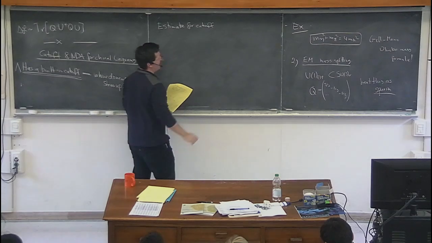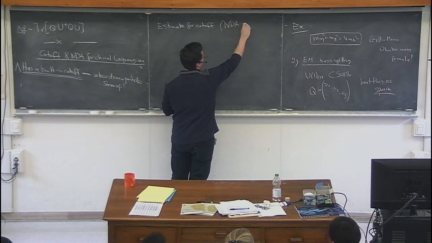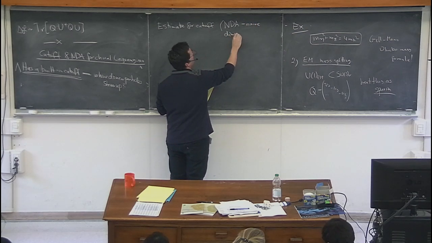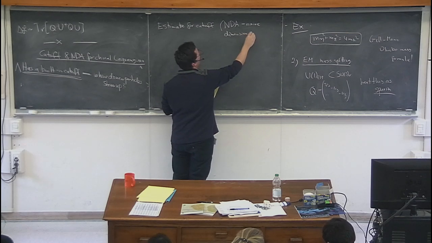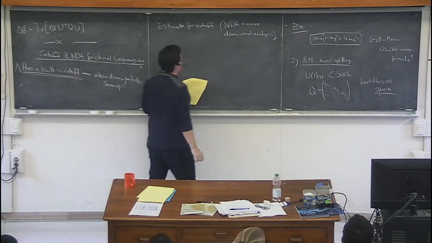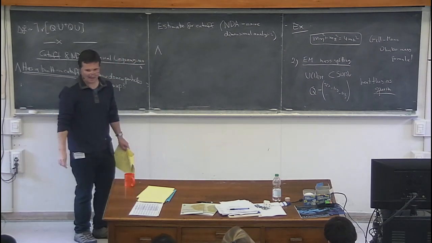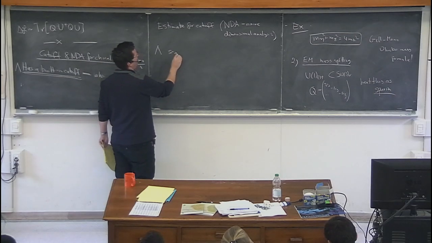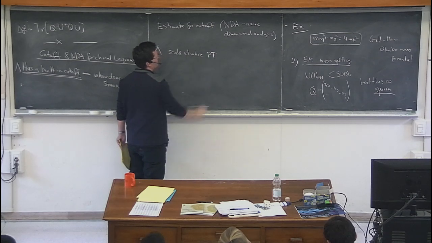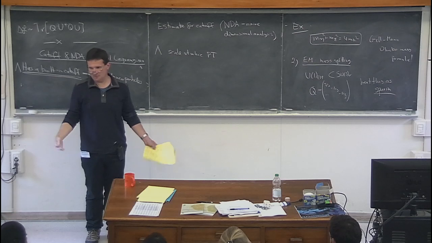and again, this method is called naive dimensional analysis, is to say that lambda is the scale at which perturbation theory within my effective theory ceases to be meaningful.